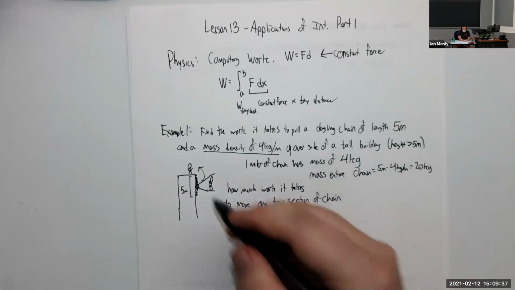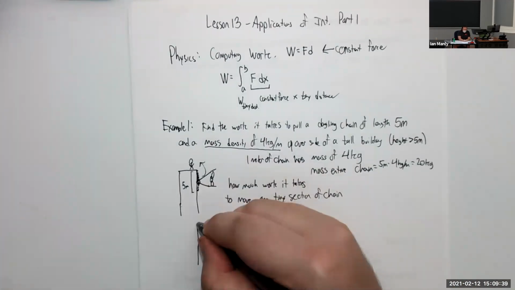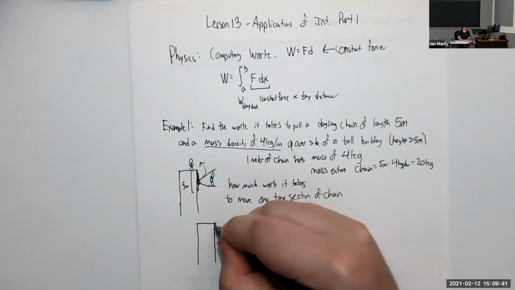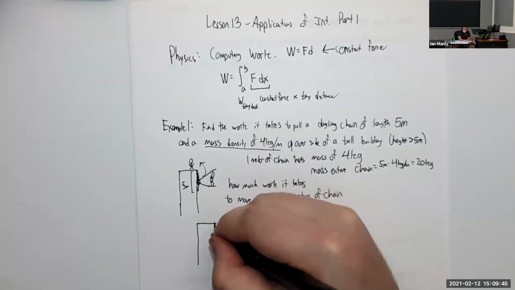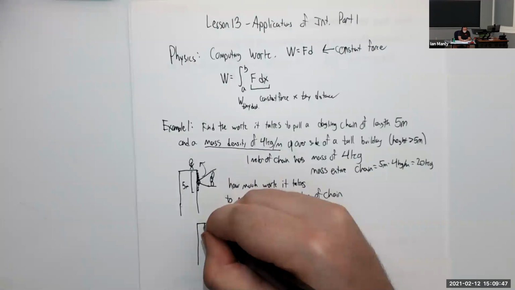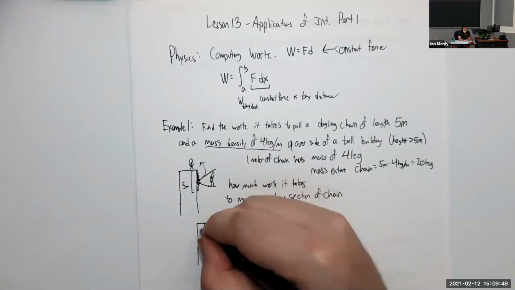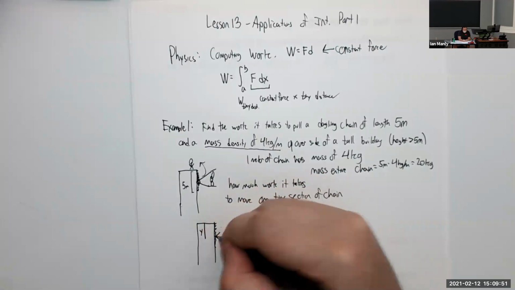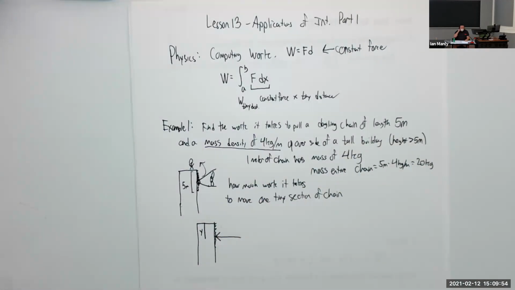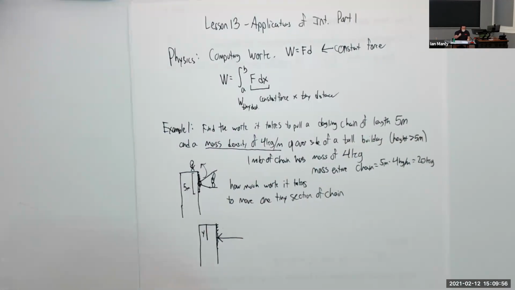Okay, so let's just suppose we have a random piece of chain that we pick. So let's say we pick it right here. Now let's say the distance down from the top of this chain is going to be y. All right, so that's going to be y meters from the top.